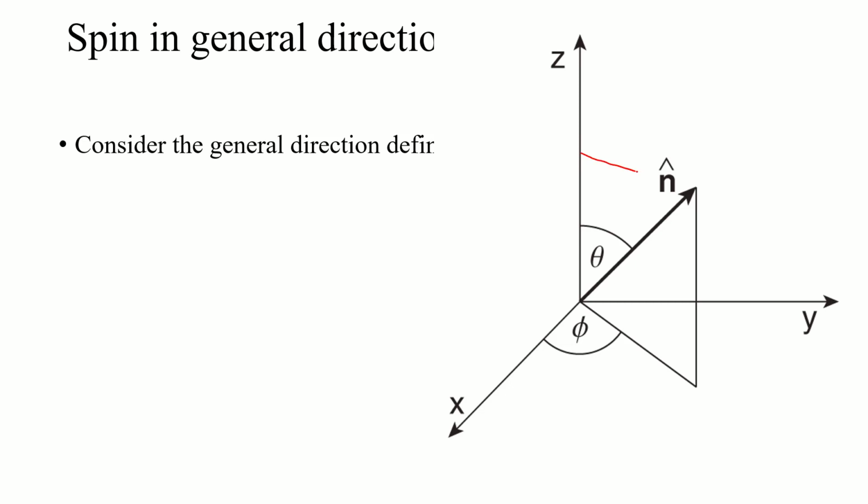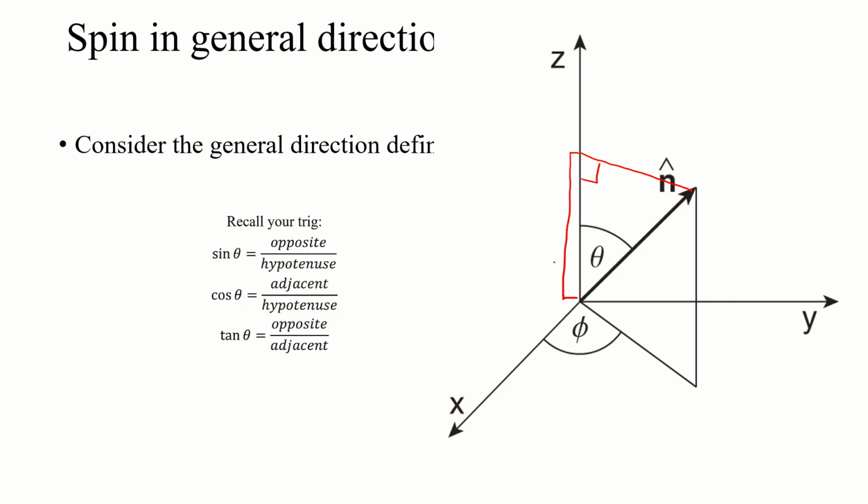If I draw this right-angled triangle, the z component is just the magnitude of that n vector times cosine of that theta angle. Likewise, this line down here is n hat sine theta. Sorry about the sloppy writing there.